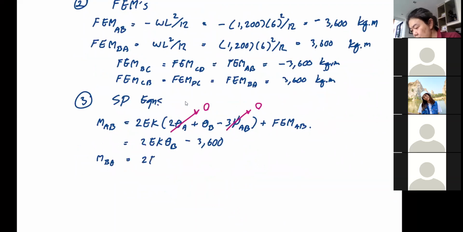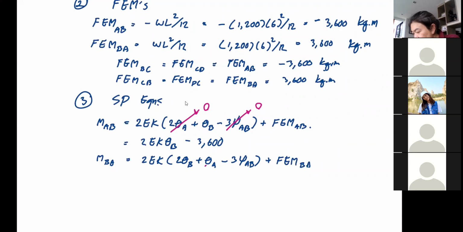Again, 2EK. MBA is on member AB, but on the other end. So you now have 2 zeta B plus zeta A minus 3 psi AB plus FEM BA.